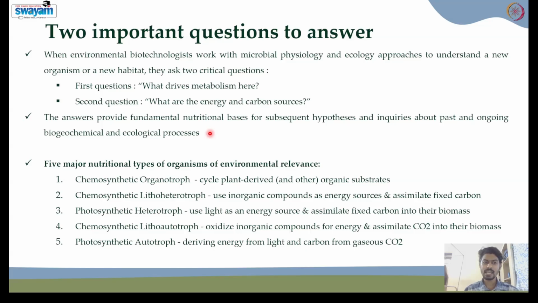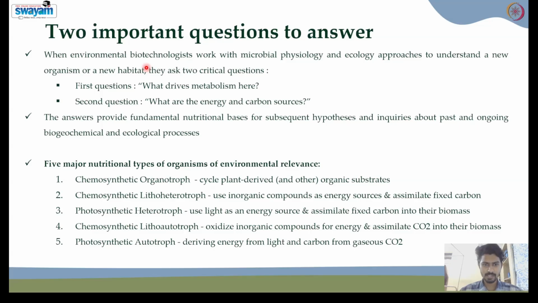So after understanding this metabolism process, what environmental biotechnology needs to understand is, the first one, what drives this metabolism, and what are all the energy and carbon sources that are seen in the particular environment. If you want to understand the microbial ecosystem, as we have seen in the earlier lectures, the first question that we need to ask is: what drives this process, either aerobic or anaerobic?